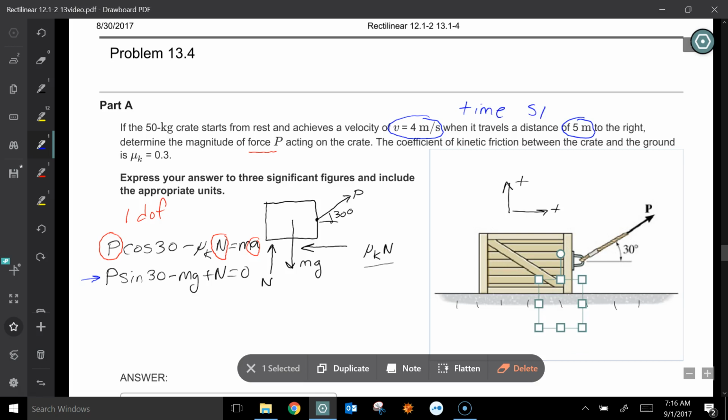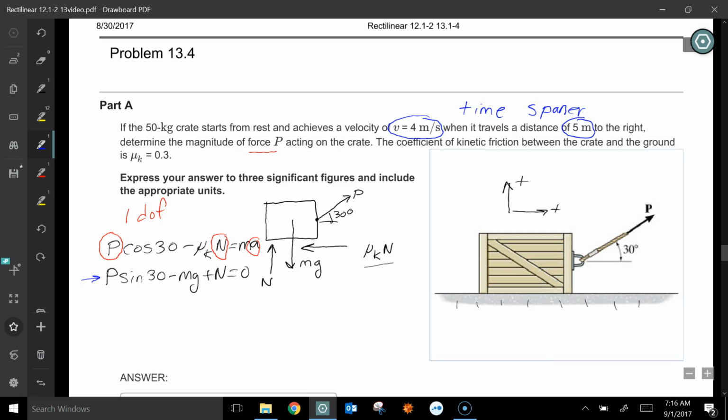Because it's a time spanner, the way you solve time spanners is you integrate something. Because I want velocity and position, I'm going to get above velocity. That means I'm going to get acceleration, and integrate it back to find the velocity. So I don't really want to do that, and so I'm looking for a shortcut.